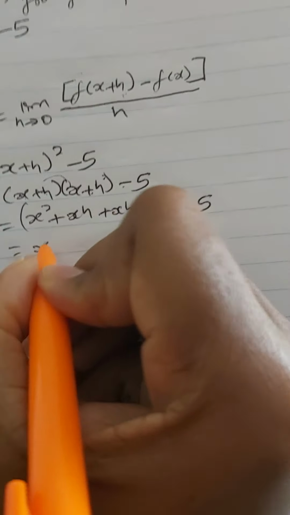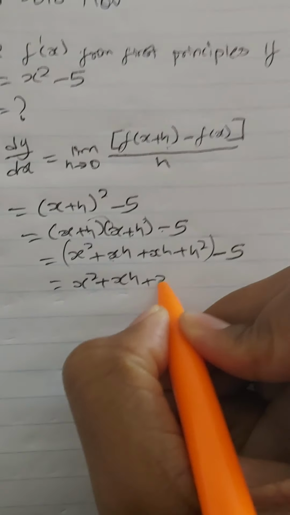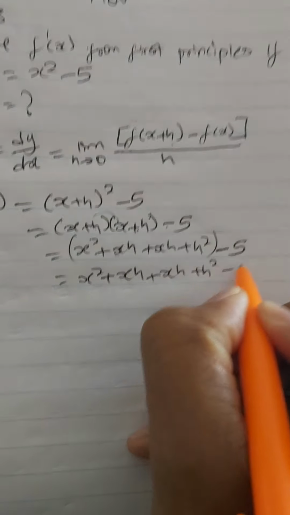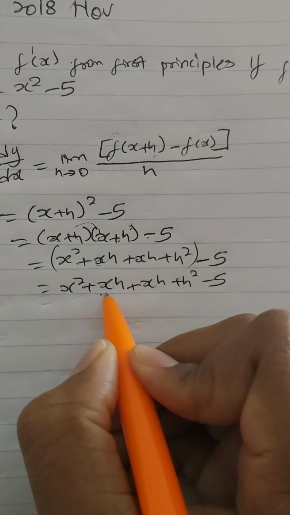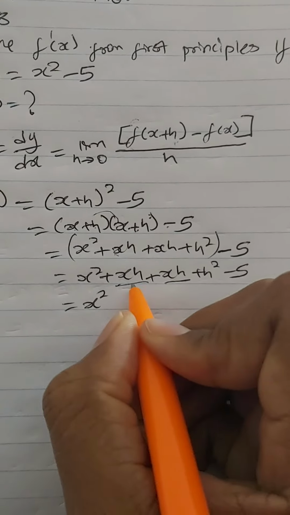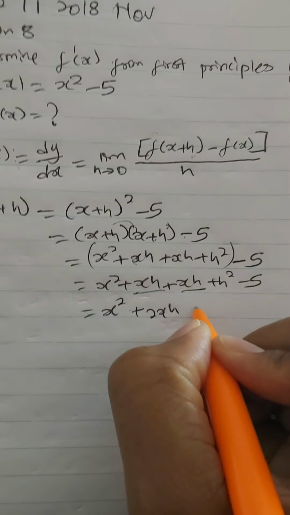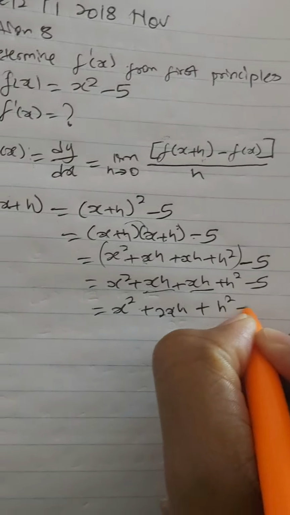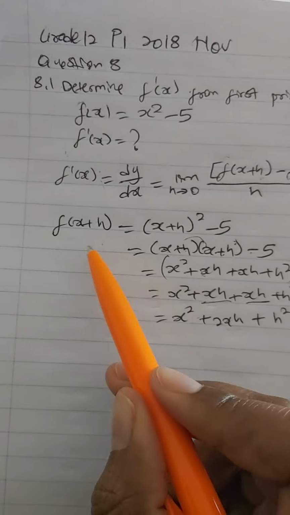So we can remove the brackets. We've got x squared plus hx plus hx plus h squared minus 5. We've got two like items, we can add them together. So we have x squared plus 2hx plus h squared minus 5. So that is our f(x plus h).